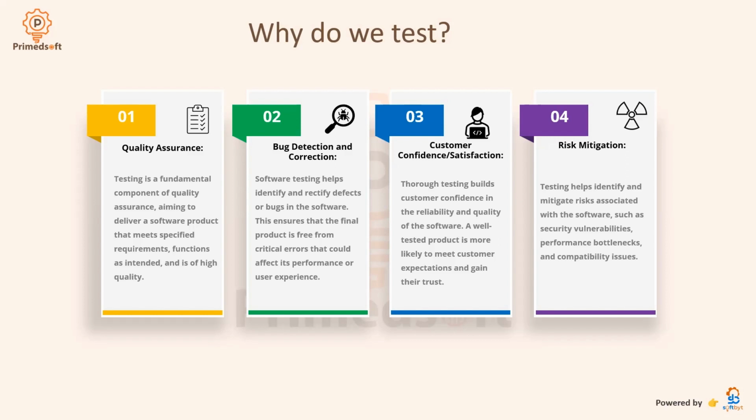And it hasn't been tested whether 1,000 users can actually log in at a particular time, and it was rolled out. What happened? There could be a risk that users will try to log in but not be able to. I'm sure we'll experience that in one way or the other.